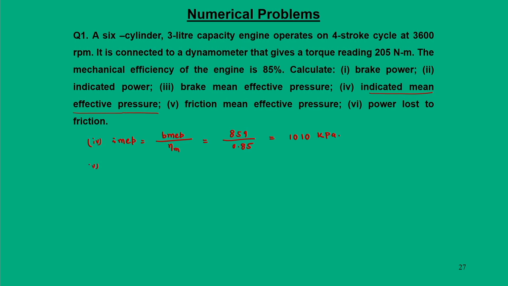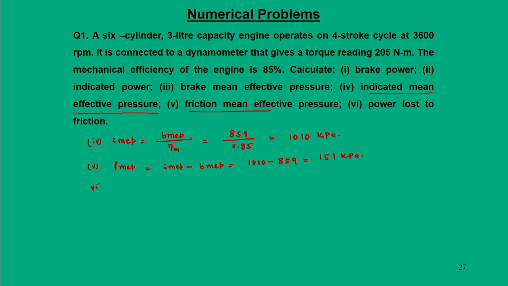Then we are going to calculate the friction mean effective pressure, FMEP, that is IMEP minus BMEP, the difference between these two: 1010 minus 859, which is 151 kPa.